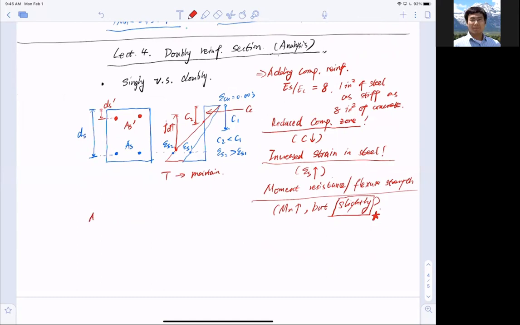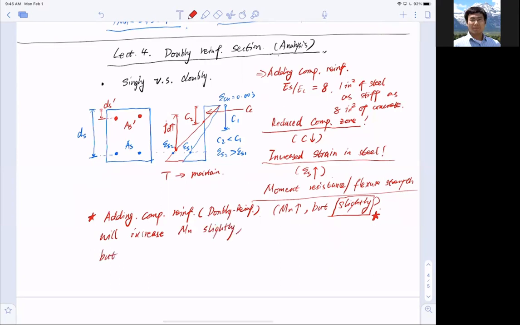So I want you to remember that adding compressive reinforcement, or what we call a doubly reinforced section, will increase Mn slightly, but increase epsilon s significantly, meaning it will increase the strain in the steel significantly.